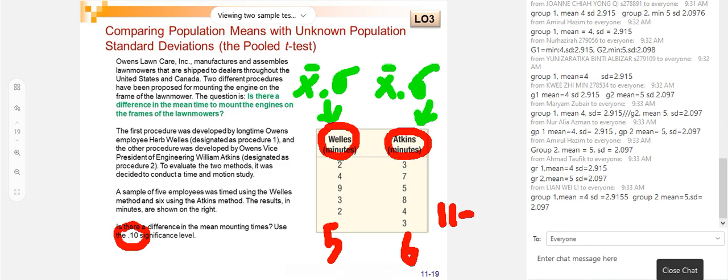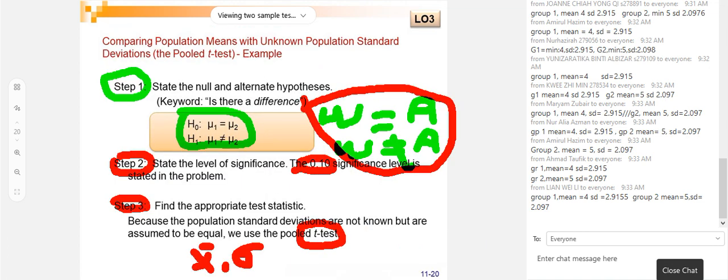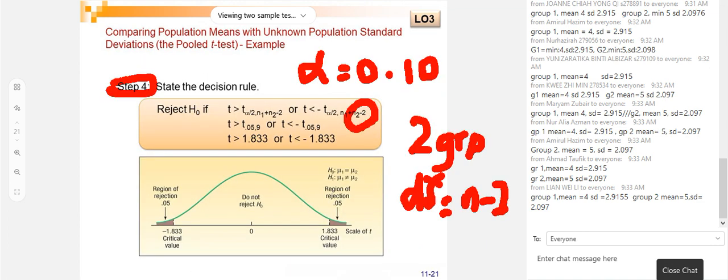So kalau minus 2, so dia akan jadi berapa? 9. That's why kita melihat 9. So cuba tengok jadual tu, degree of freedom 9. Okey, atas tu you tengok 0.05, 1 tail.